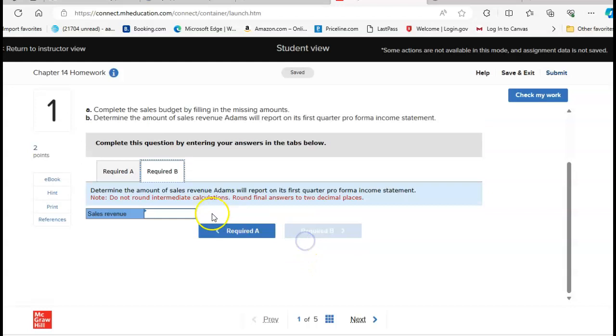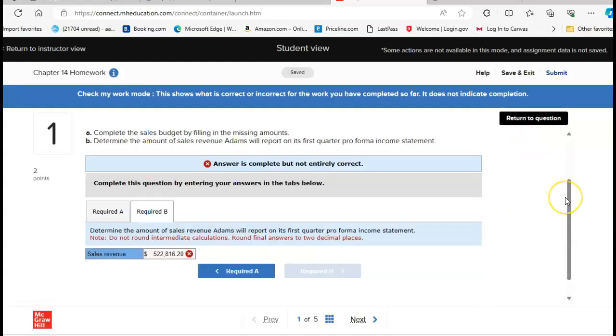Therefore, the total sales for the quarter, $522,816.20. Let's check the work again. Uh-oh, that number was incorrect.